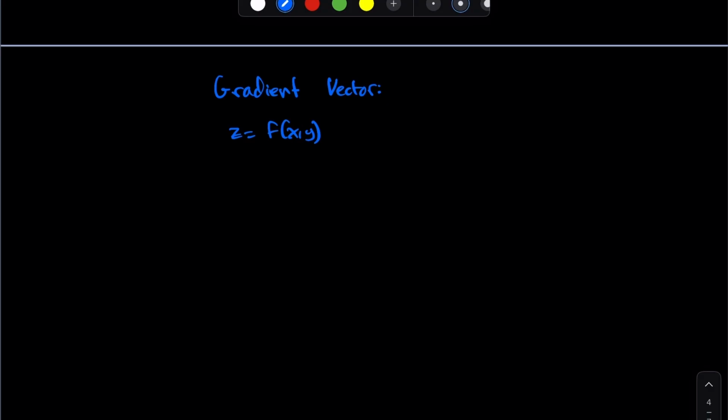And it's represented by the partial derivative of each component of f of x, y. So it's this upside down triangle. The gradient vector, or upside down delta, is then the partial derivative of f with respect to x, comma, partial derivative of f with respect to y.